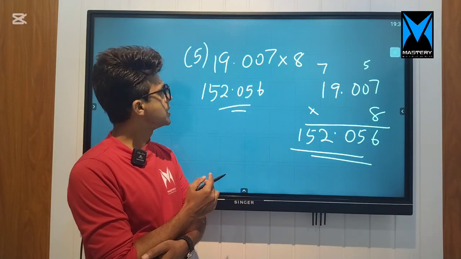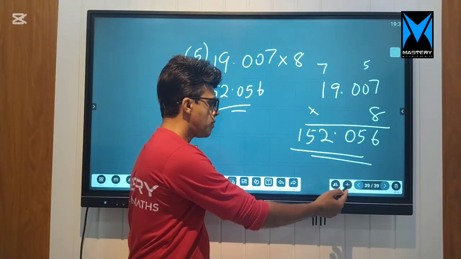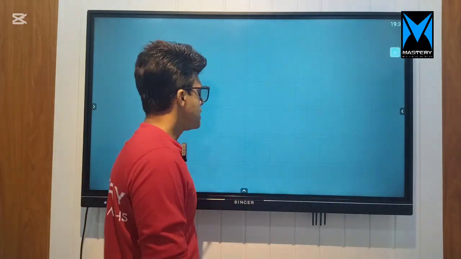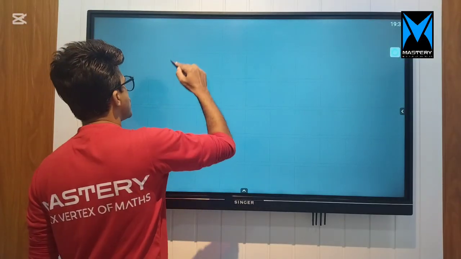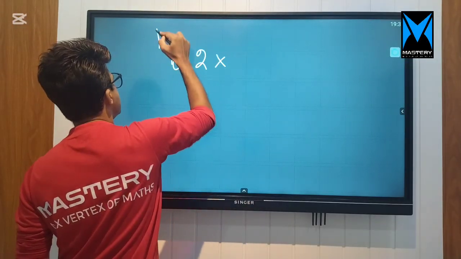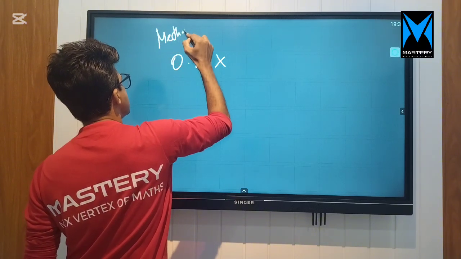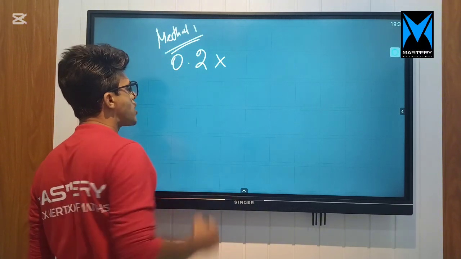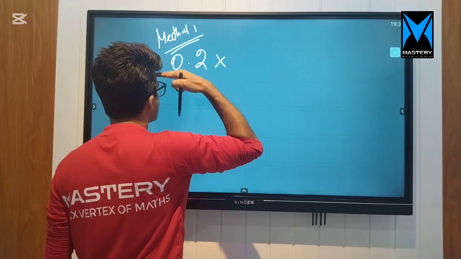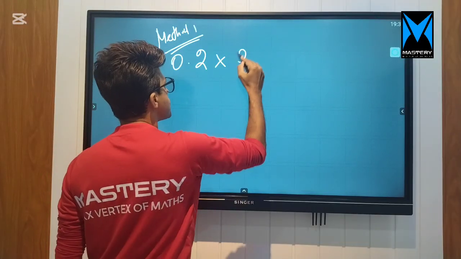Okay. So how can you multiply a decimal number by a decimal number? Really, this can be done in two ways. This is method 1. You could use this way to multiply: 0.2 into 0.3.